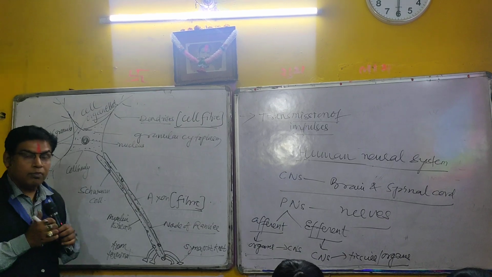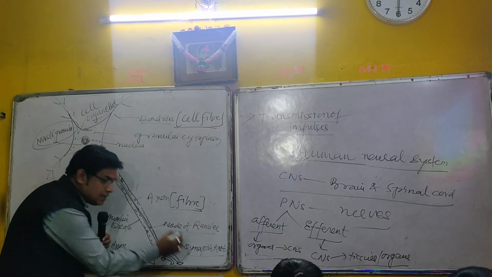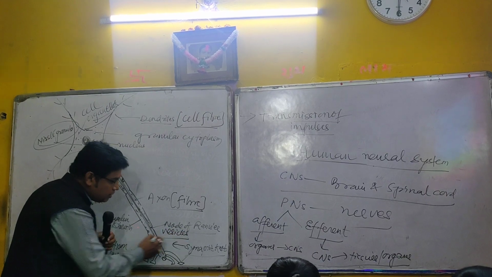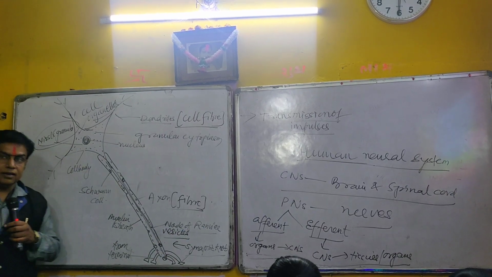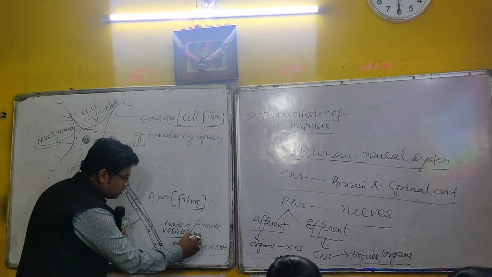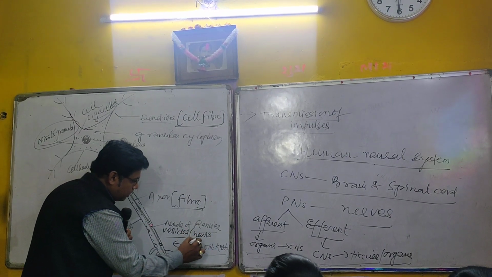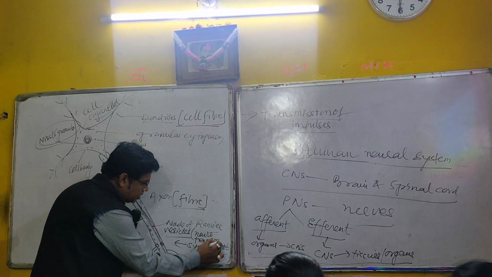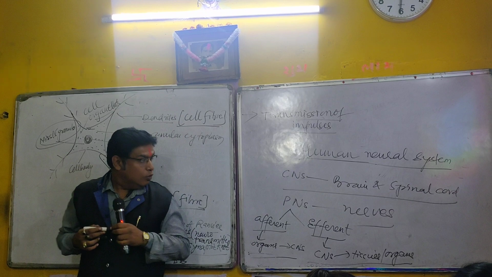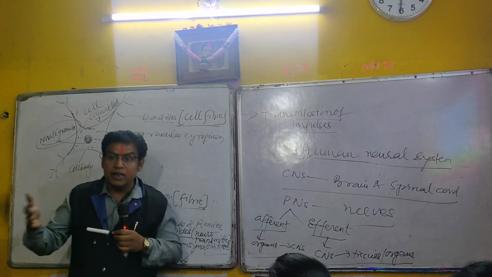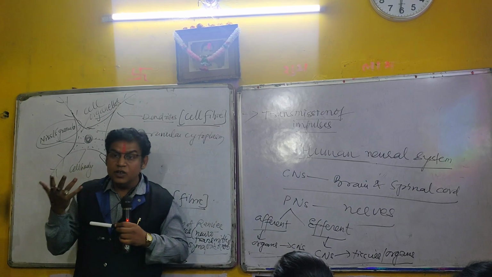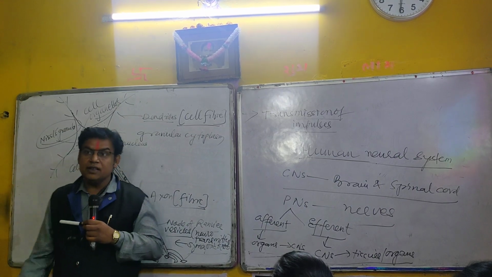In this synaptic knob there are small vesicles. This synaptic knob contains many smaller vesicles, and these vesicles contain neurotransmitter. As I told you earlier, what is the neurotransmitting chemical substance present in our body?